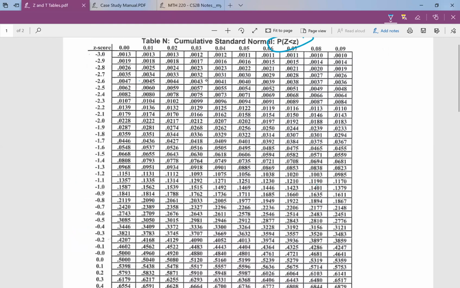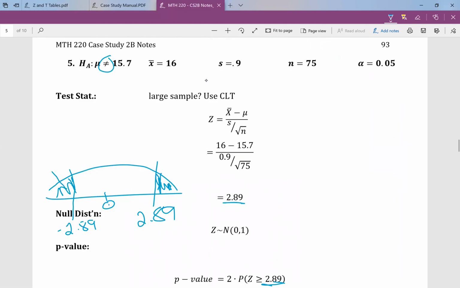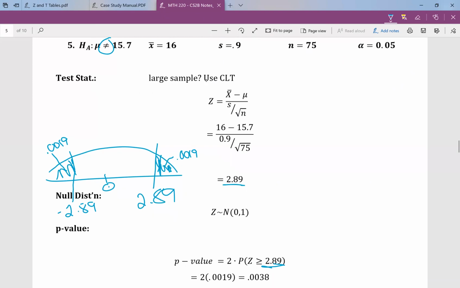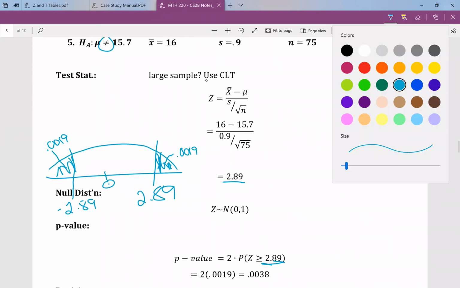Now we can go to our Z table and look for negative 2.89. Negative 2.8 is right here. So the area in one tail is 0.0019. But that also matches the area in this tail down here. So that means we need to multiply that number we got from the chart.